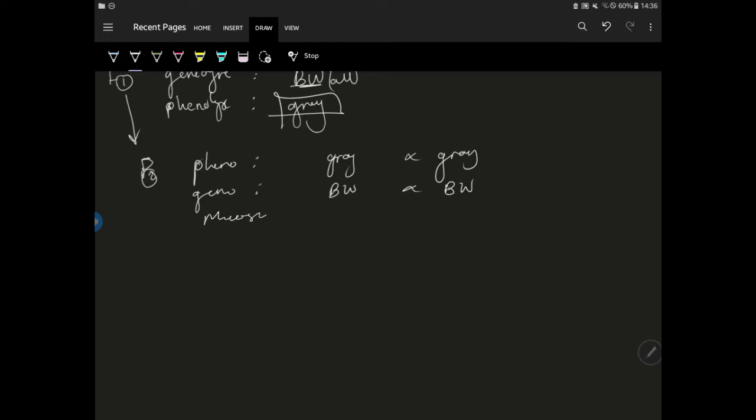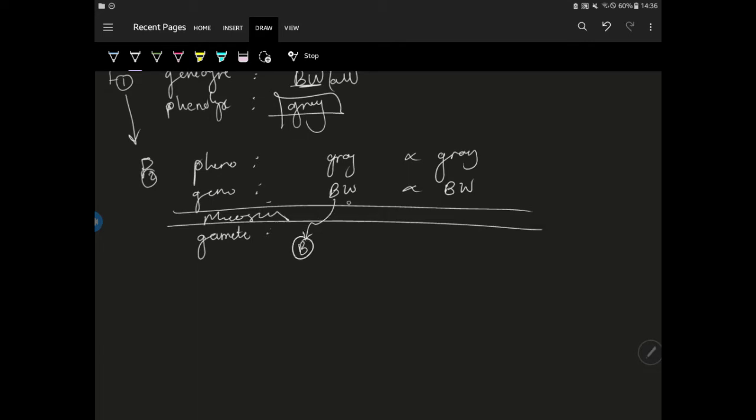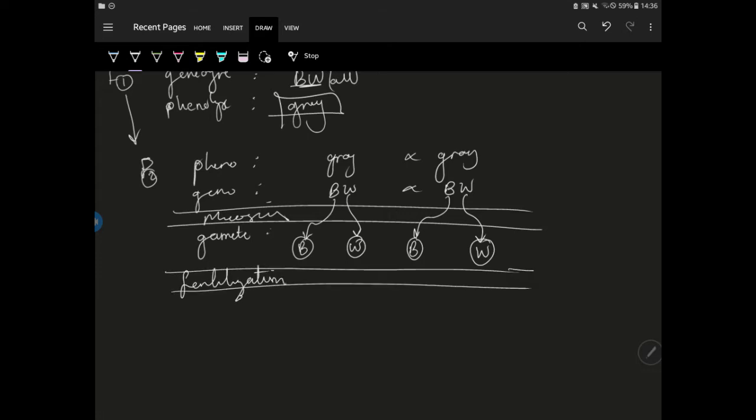Meiosis occurs, and we have gamete formation. One black allele, one white allele. That's just how it is. Then we have fertilization taking place. Let's fertilize.